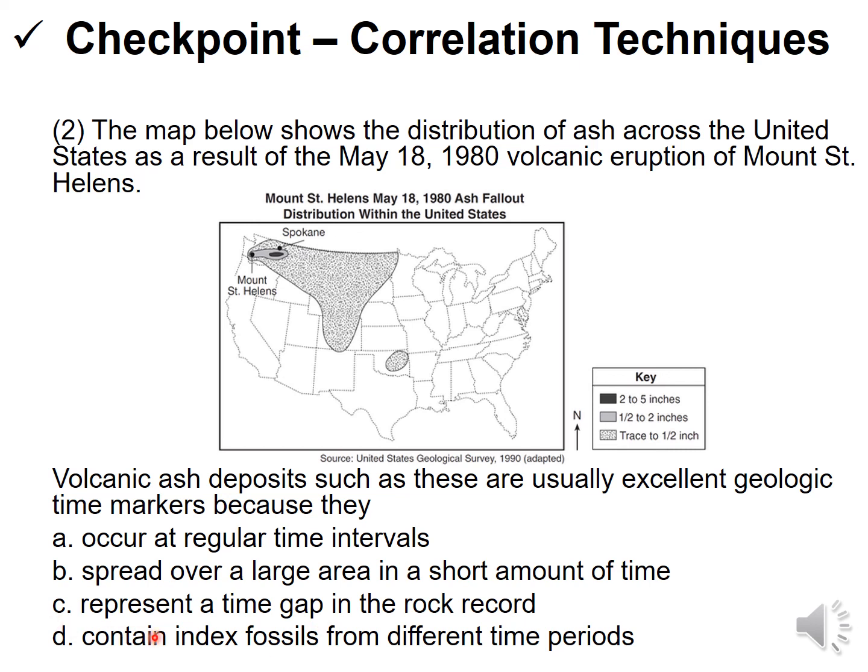Well, it's definitely not index fossils, and it doesn't represent a time gap. The reason they are so good is because they spread over a large area in a short amount of time. Because remember, Mount St. Helens volcanoes don't normally erupt in regular intervals. So B would be your best answer.